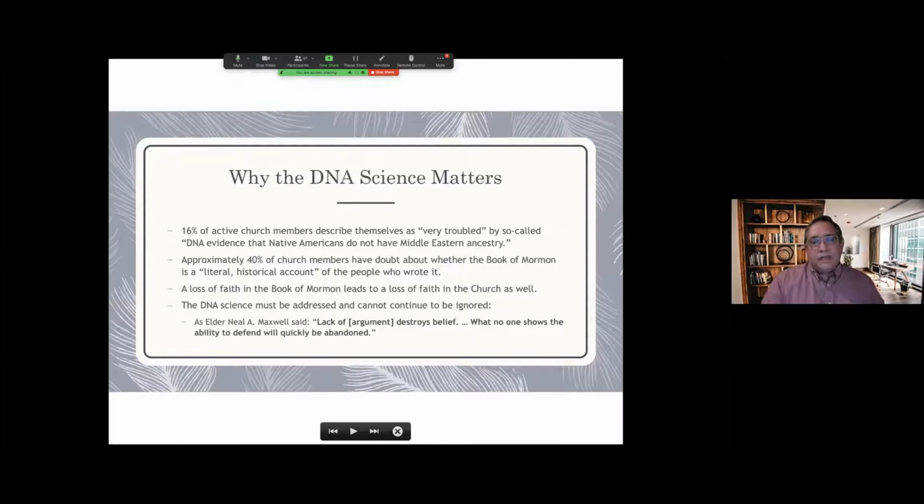And about 40% of church members, according to one study, indicated that they had doubt about whether the Book of Mormon was literal and historical. And my personal testimony is that the Book of Mormon is a literal historical account. And this presentation will talk about some of the evidence that supports that.